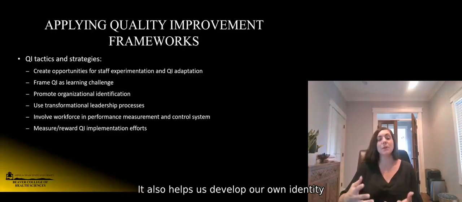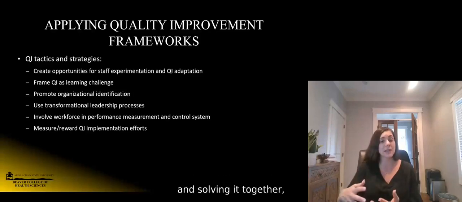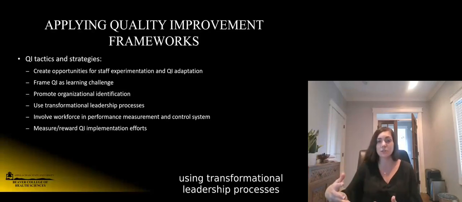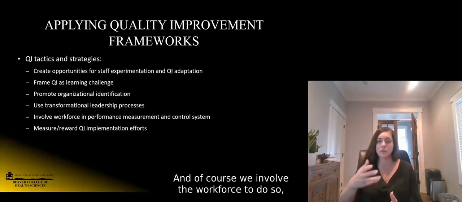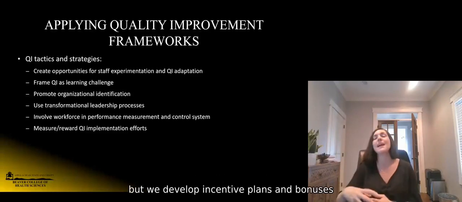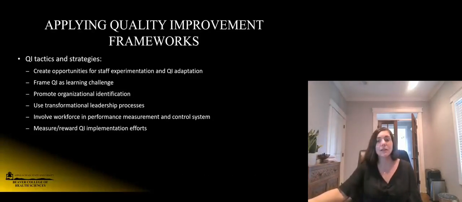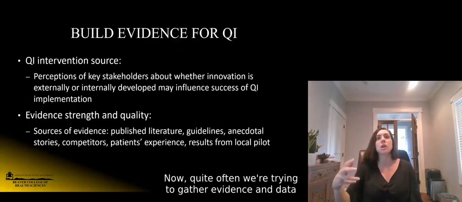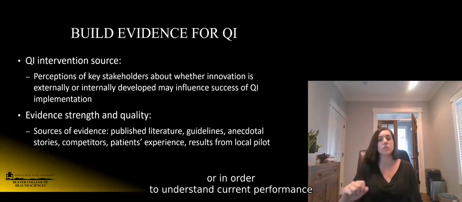It also helps us develop our own identity as an organization, coming around a problem and solving it together, using transformational leadership processes to make major changes in the organization. And of course we involve the workforce to do so, but we develop incentive plans and bonuses and ways to align our goals with our financial reality.